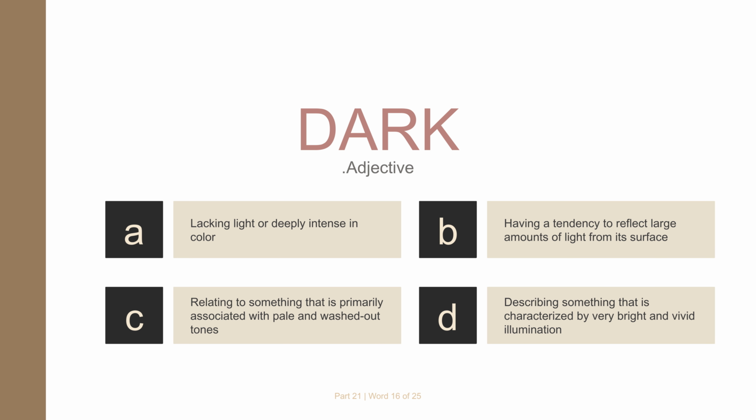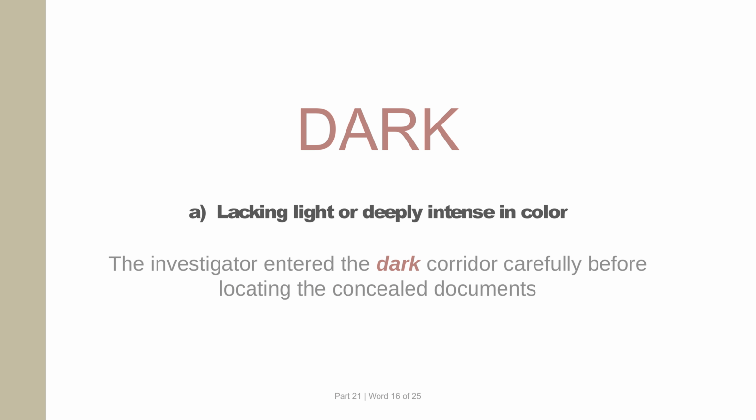Option D. Describing something that is characterized by very bright and vivid illumination. Correct answer, option A. The correct meaning of dark is lacking light or deeply intense in color. Example: the investigator entered the dark corridor carefully before locating the concealed documents.